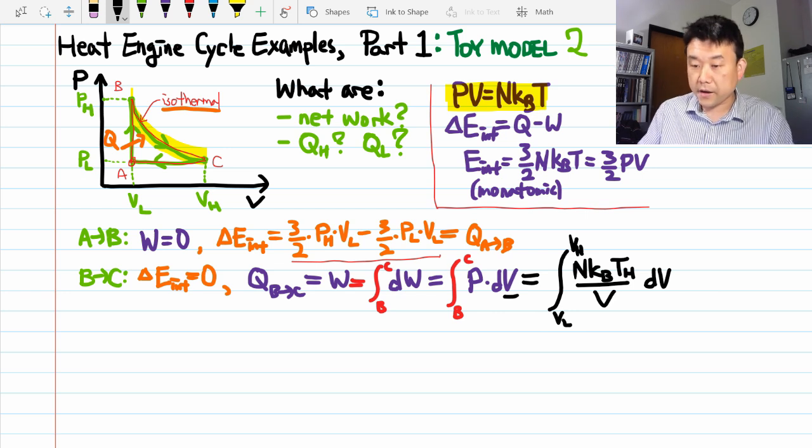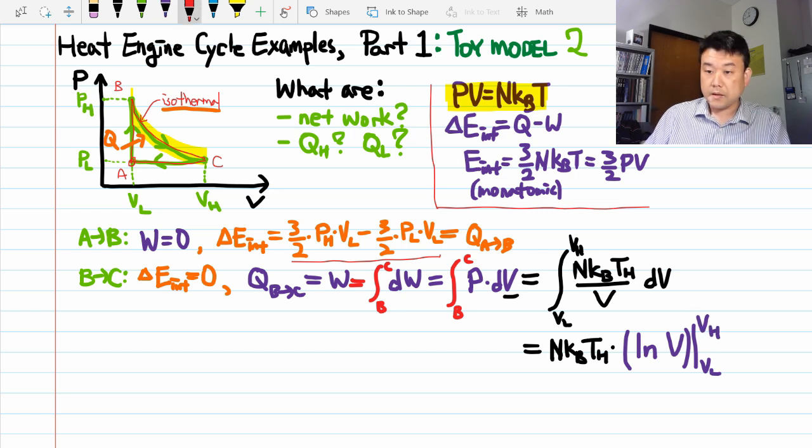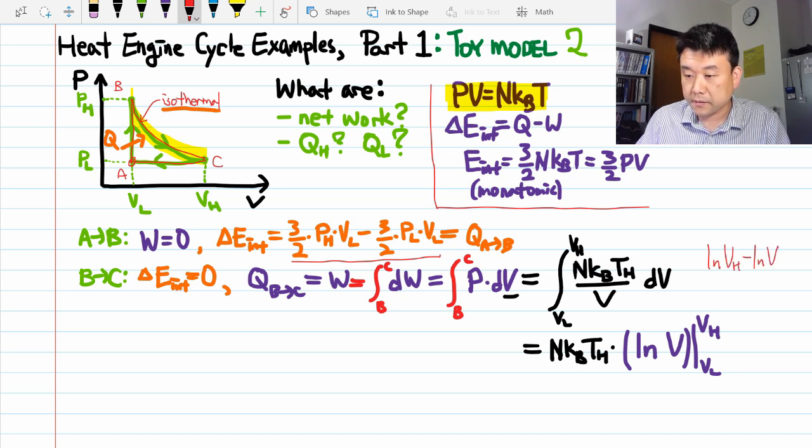Alright, I think I know how to do this integral. Integral of 1 over x is natural log of x. So factor out the constants, nkT, times the antiderivative, evaluated from the low limit to the high limit. Now, when you plug in those limits, this is what you get. Natural log of V_H minus natural log of V_L.